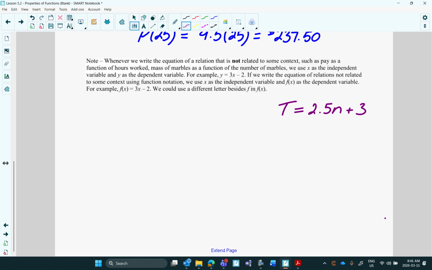How do I convert this to function notation? Instead of T, I write T of whatever this variable is. The right side stays the same. That's it. That's all you do. This is relation. This is function. FCN is short for function.